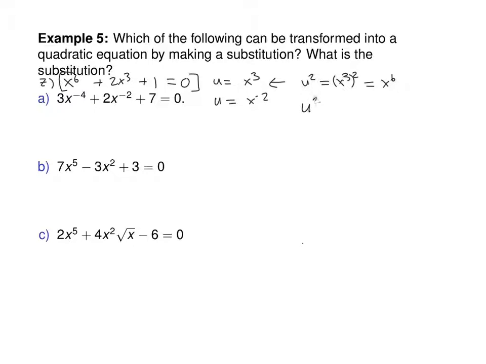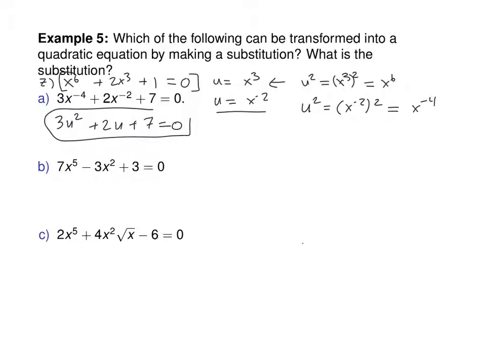Then u squared will be x to the -2, the whole thing squared, and what does that make? x to the -4. So that's your substitution. The answer is yes. This becomes 3u squared plus 2u plus 7 equals 0, using that u. If you can keep proper track of it, you could also just say it's going to be something with x to the -2 and x to the -2. That's also totally fine.